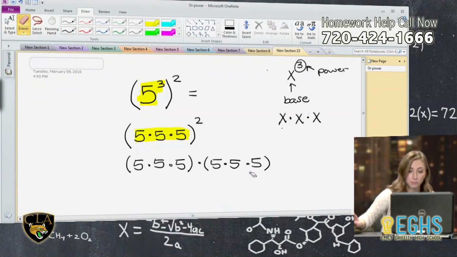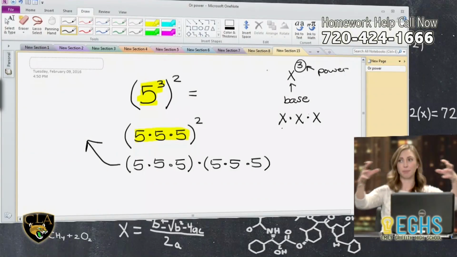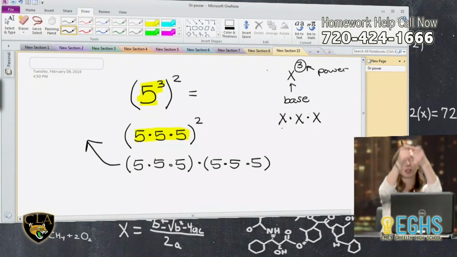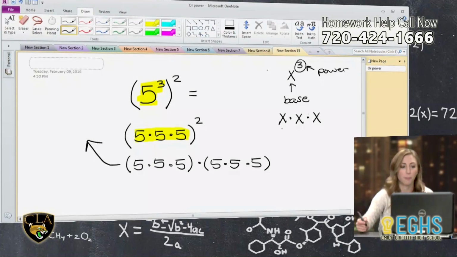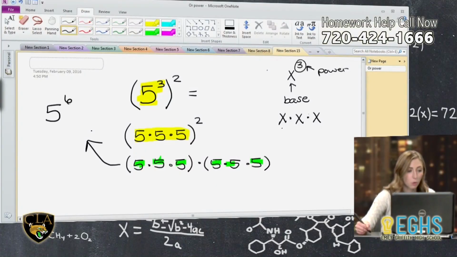Now, just to show you, because to me this is interesting and applicable, we kind of expanded it like an accordion. We took it and spread it out. So now we're going to put it back together, compact it back. We could say this is the same as 5, and if we count our 5s, 1, 2, 3, 4, 5, 6, it's actually 5 to the 6th power, or 5 times itself 6 times.